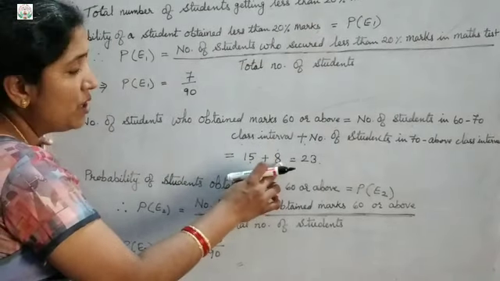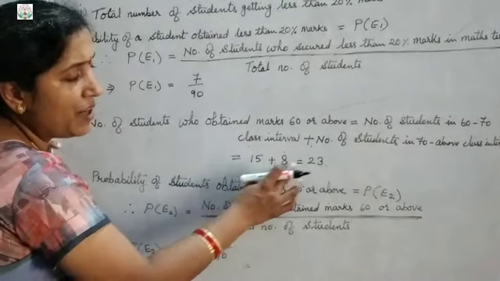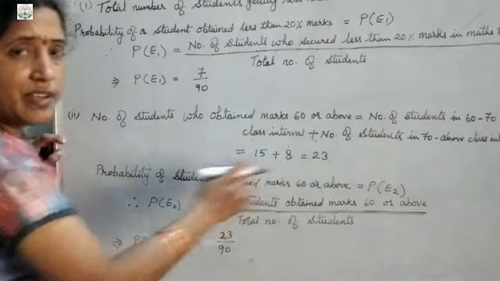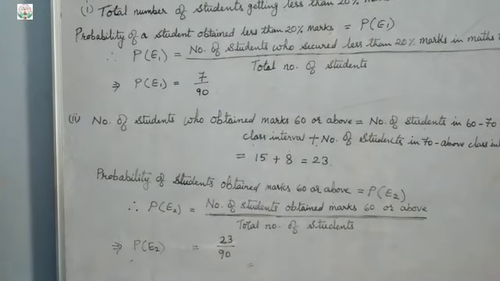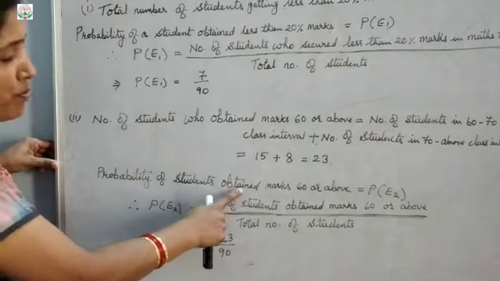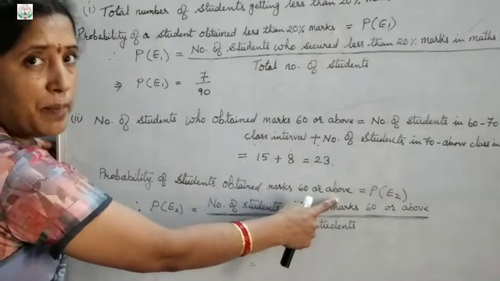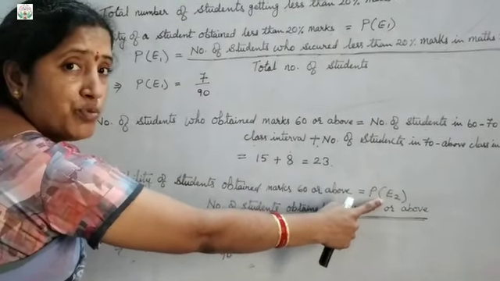When 15 and 8 are added, you get 23. So the probability of a student obtaining marks 60 or above can be shown as P of E2.